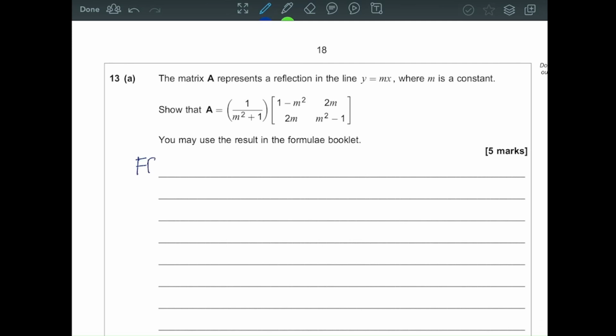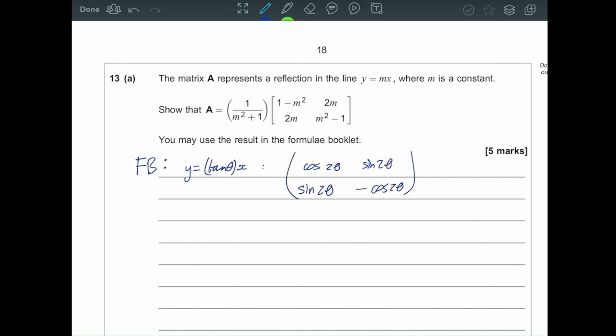The formula book is telling us that if it's y equals tan theta x, then the matrix is cos 2 theta, sine 2 theta, sine 2 theta, negative cos 2 theta.